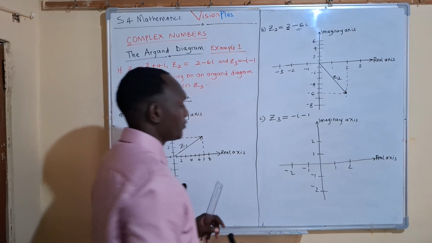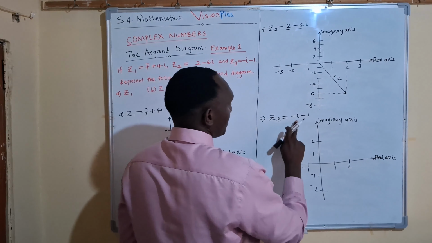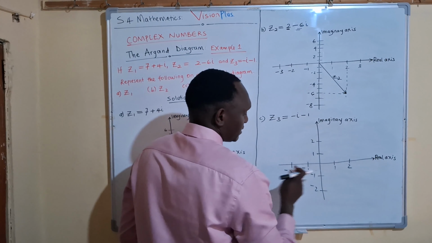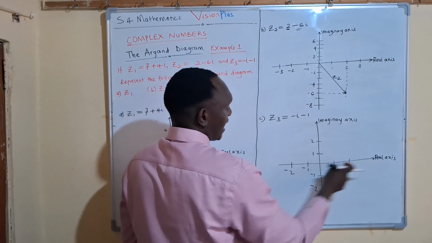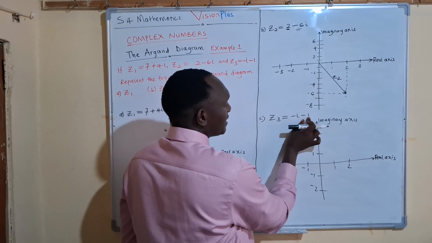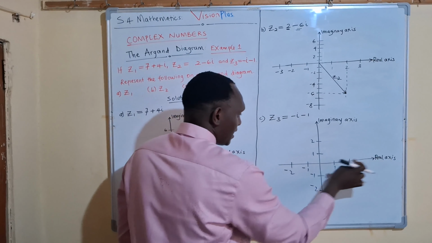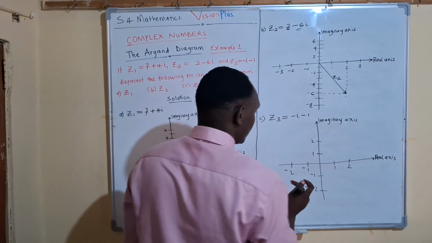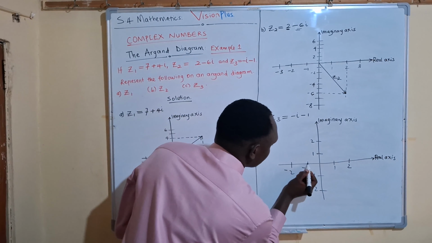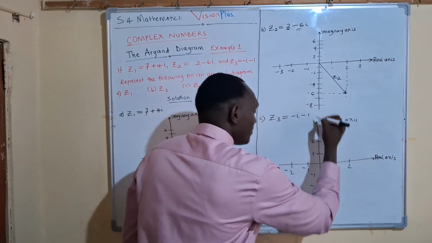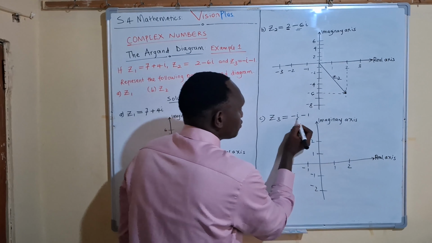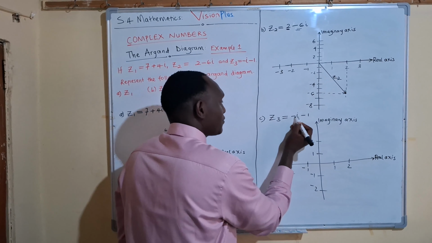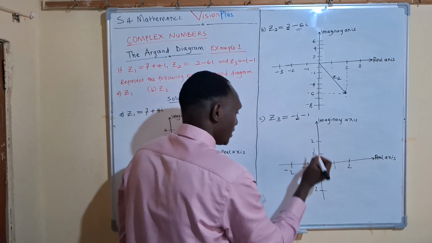Now what do you do? You need to just come and represent. Remember, the real part of the complex number is put on the real axis. So here the real part is negative 1. On the real axis, let us look for negative 1. It is here. On the imaginary axis, on the vertical line, let us look for the coefficient of i, which here is negative 1.